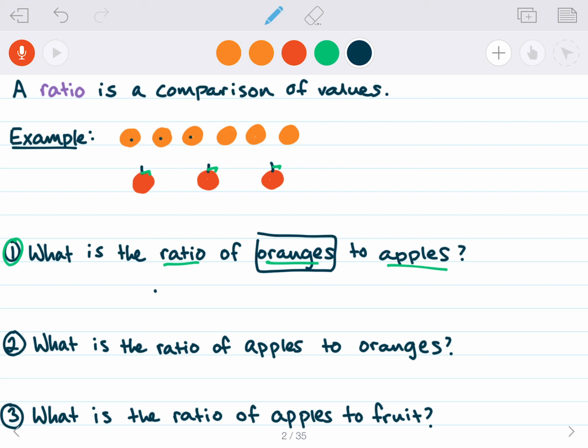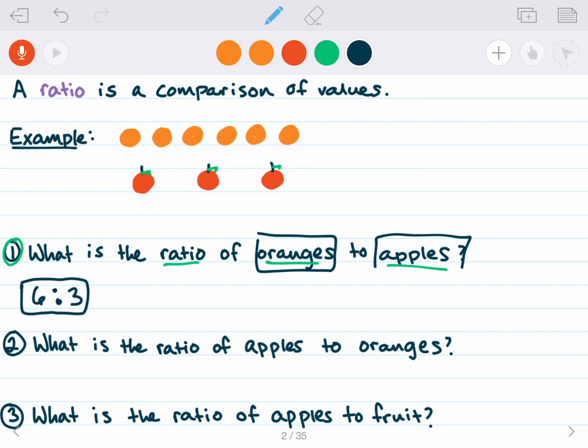We have 1, 2, 3, 4, 5, 6. So that number goes first. We're comparing oranges, which is 6 oranges, and then we put a colon. We're comparing oranges to, and then apples is the second number. So apples, count them, 1, 2, 3 apples in this picture. So this is one way to write our ratio.